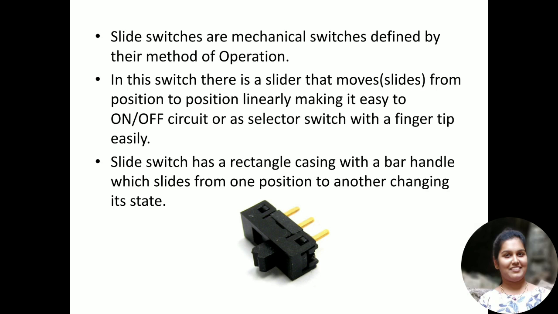Okay, the slider switch or slide switch are mechanical switches defined by the mode of operation. Operationally it may be almost similar to a toggle switch, but in a toggle switch we have a handle like position or a lever, whereas in a slider switch we'll be using our thumb and will be having a sliding kind of action.